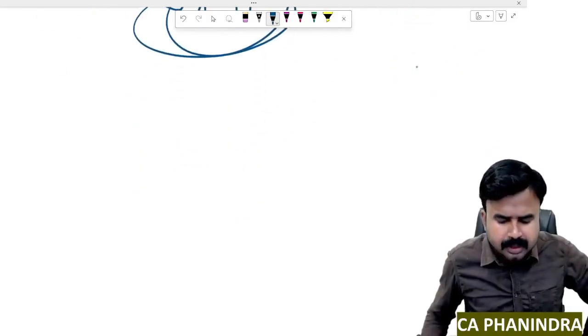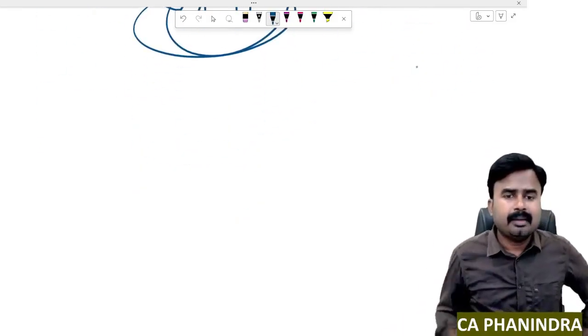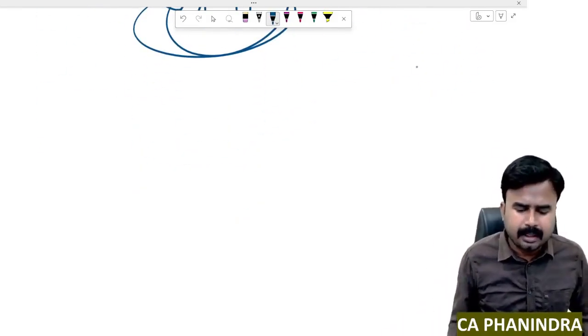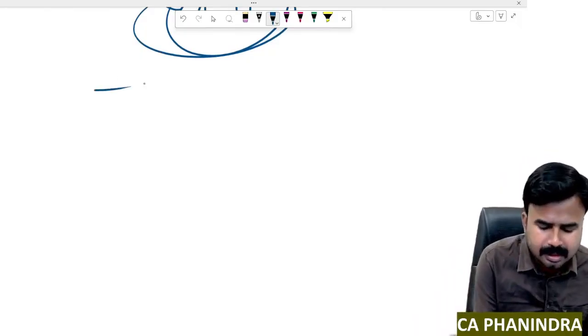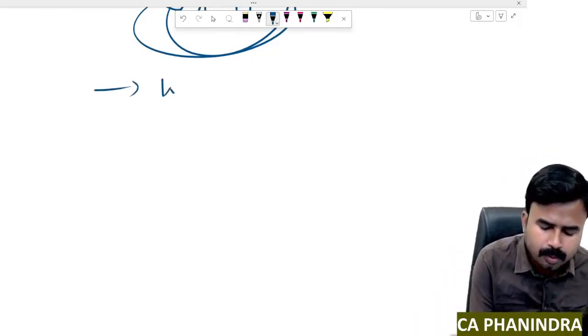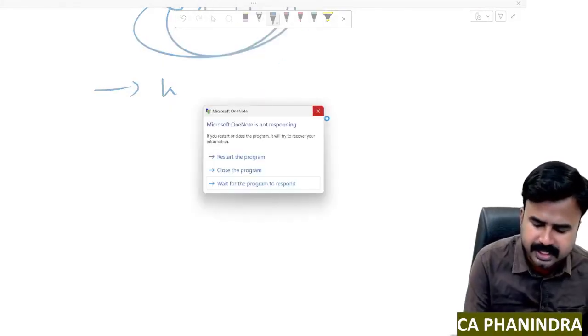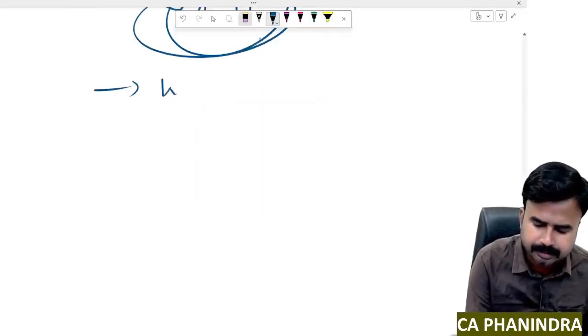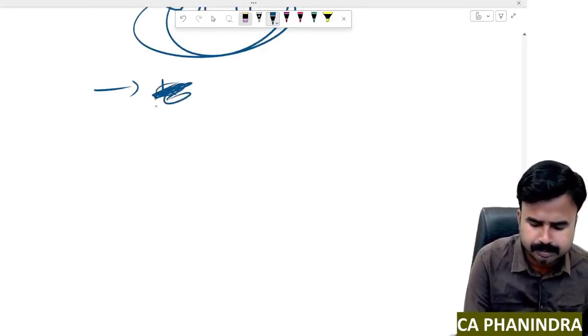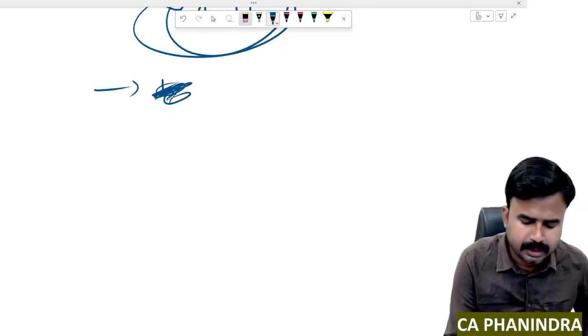Now, in this particular area, we need to handle these important areas. First one, estimation of working capital requirement. This is our first area.